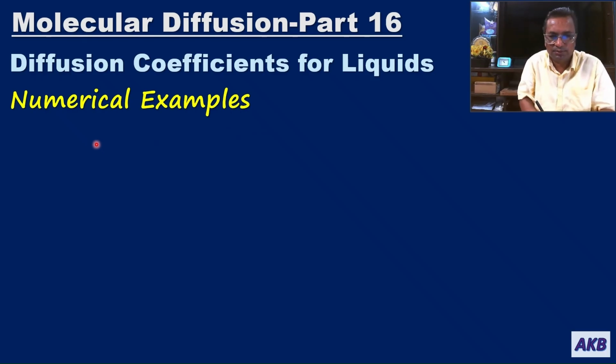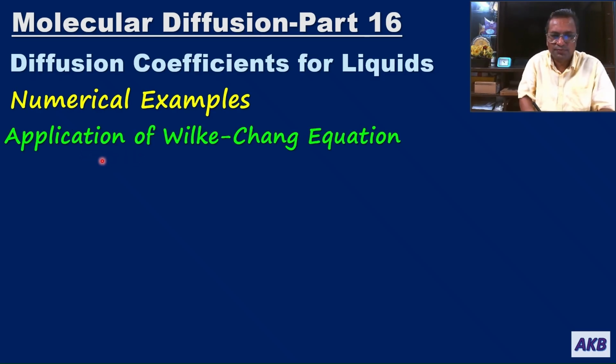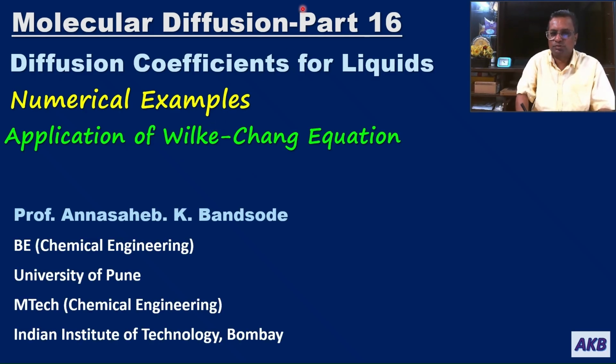So in this lecture, I will be discussing two numerical examples, and in each example, I will tell you how you can use the Wilke-Chang equation for estimating the diffusion coefficients for liquids. So let us move ahead.